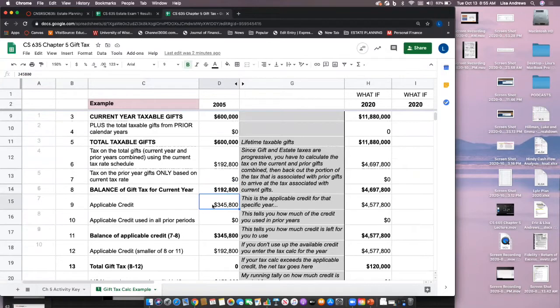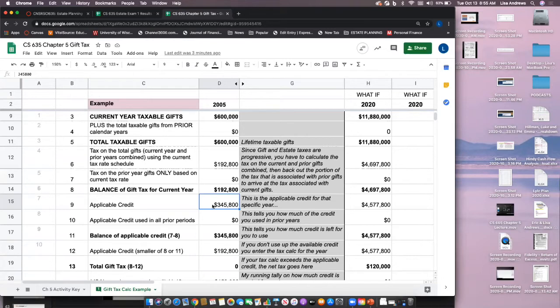And then we bring in that year's applicable credit. Remember that one thing that has stayed consistent is the tax rates for gifts up to $1 million hasn't changed much. There wasn't any arguing politically about that level of gift, and that $1 million level applicable credit is still at $345,800.